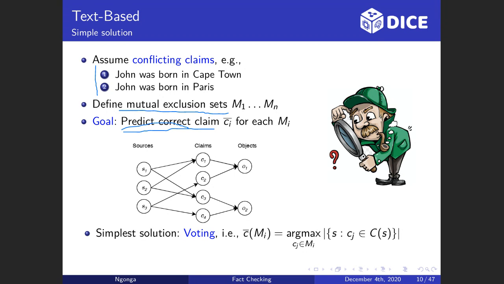And the simplest solution would be simply to vote, right? You remember that we have this graph which gives us the information pertaining to sources and claims and objects and how they're related to each other, the tripartite graph. The simplest solution would basically just be to compute C bar of M_i, which is basically C_i bar, by simply counting the fact which is claimed by the highest number of sources and say that is the fact that we're going to believe.